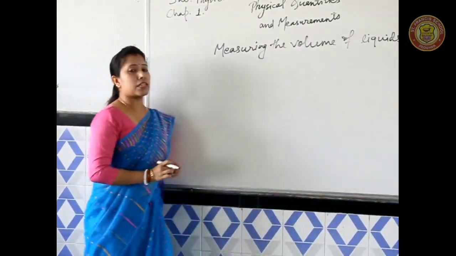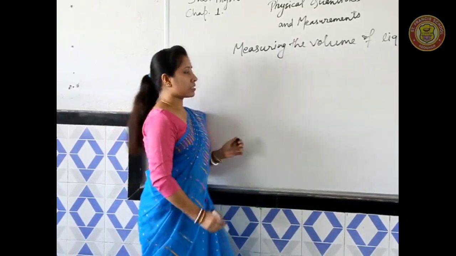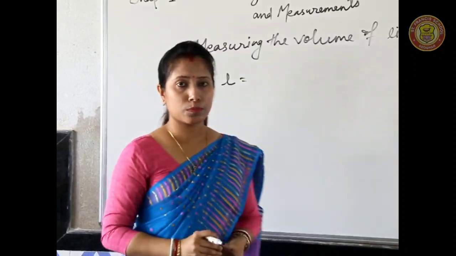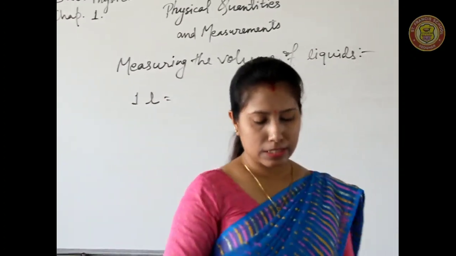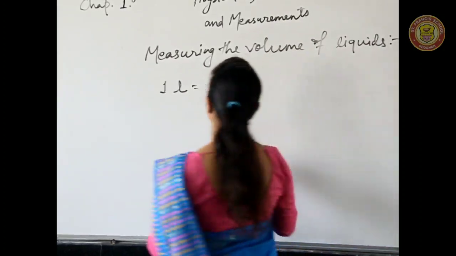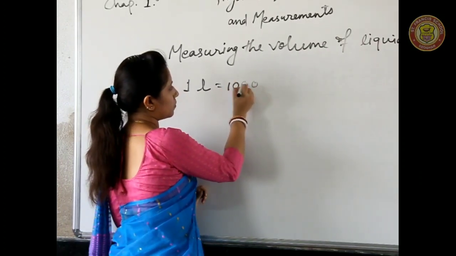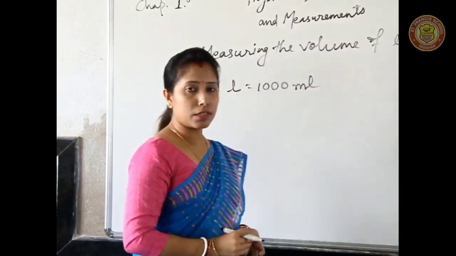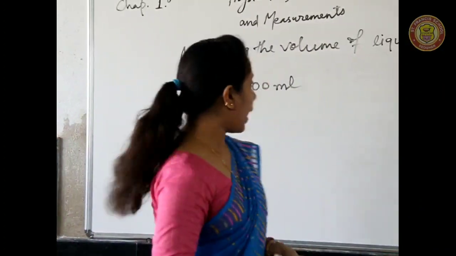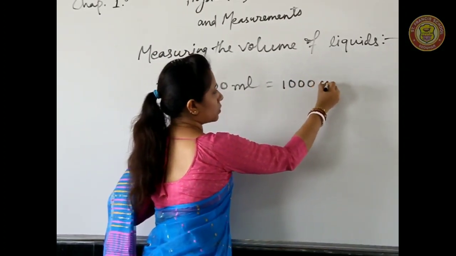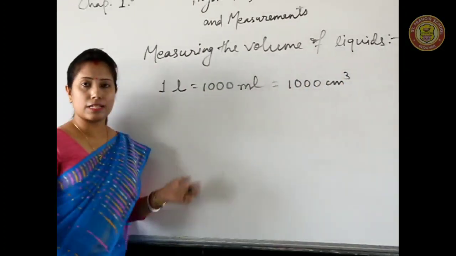Volume of liquids is generally measured in liters. We all know 1 liter equals how many milliliters? 1 liter equals 1000 milliliters, and this also equals 1000 cubic centimeters.